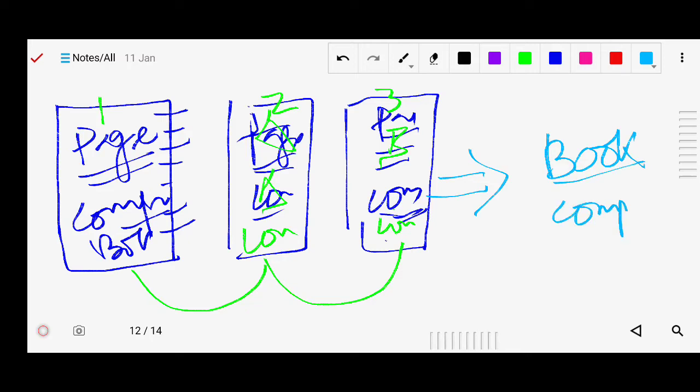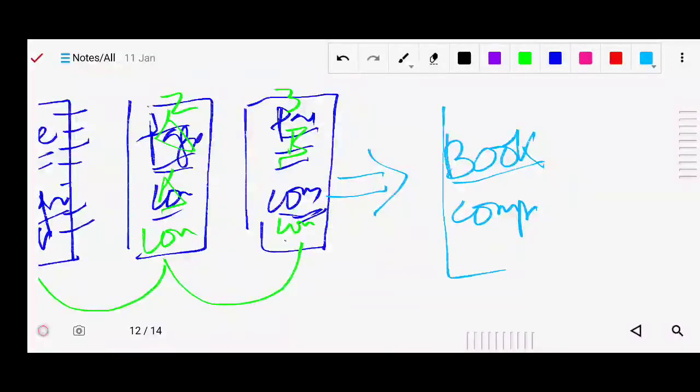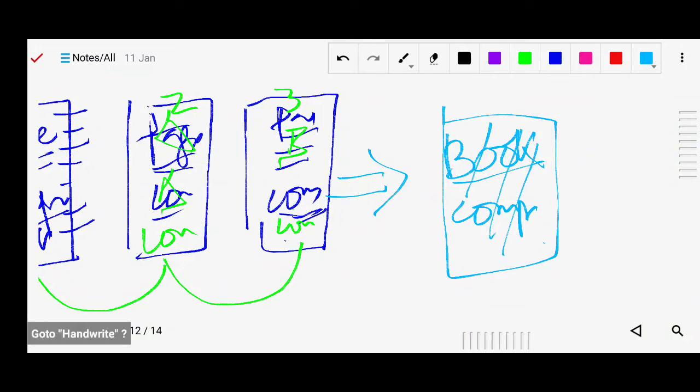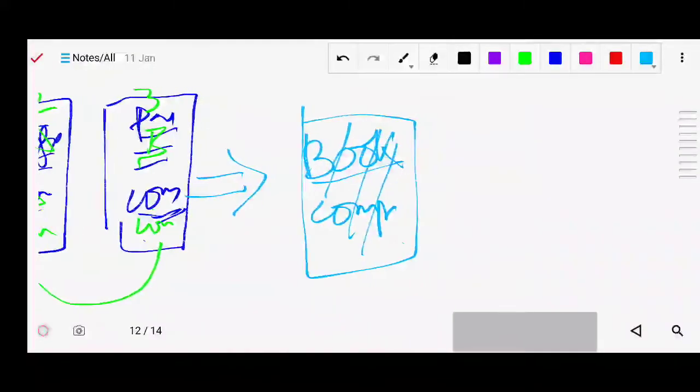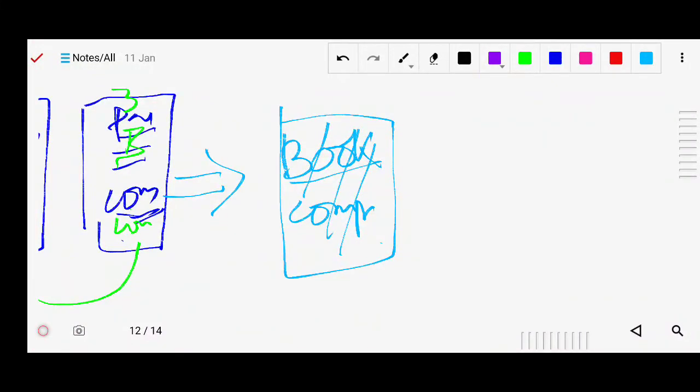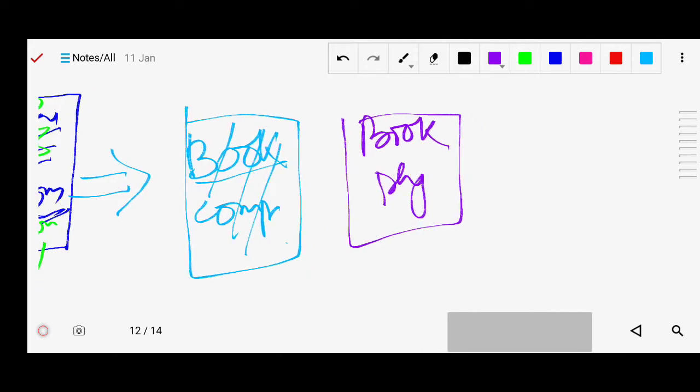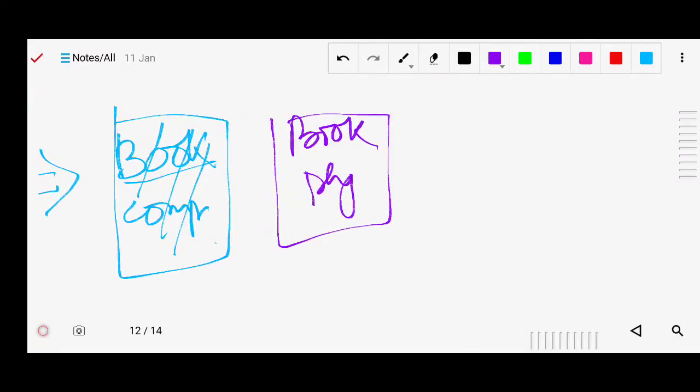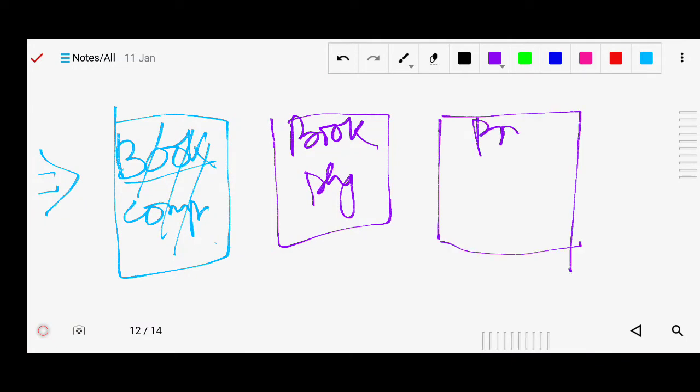Similarly, there can be different books, like a book of physics, where similar pages of the same kind are combined, and another book, the chemistry book. So there are different books.